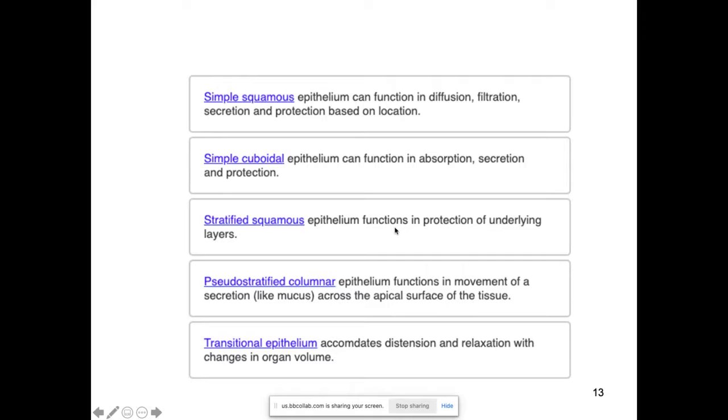I'm thinking the top layer of the skin, many, many layers of squamous cells to protect the body. When we have pseudo-stratified columnar, pseudo-stratified epithelium that functions in the movement of secretions like mucus.